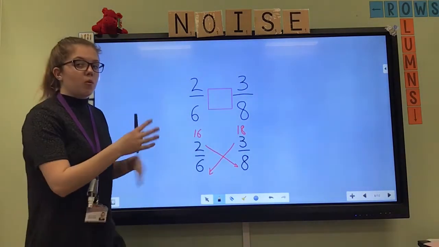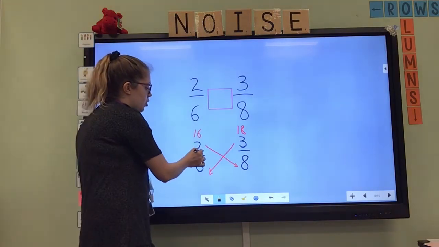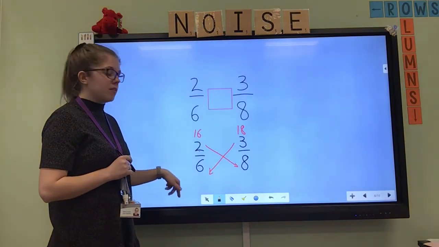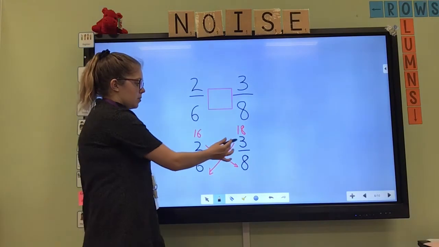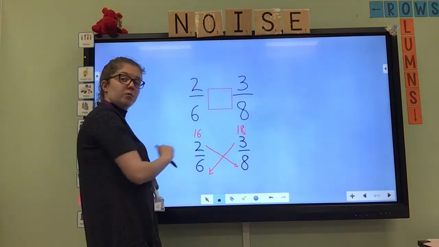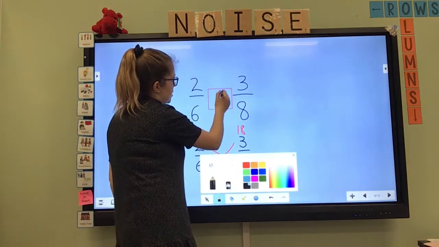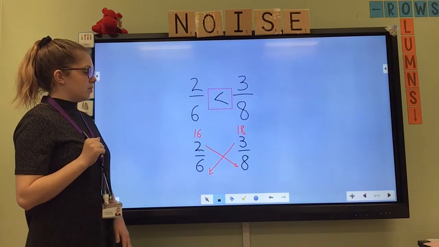It doesn't matter which order you do it, as long as you put the total above the fraction of the numerator that you're working with. So we did 2 times 8, so the total goes above that 2/6 here. And my 18 goes above my 3/8 because we were doing 3 times 6 or 6 times 3. And 18 is bigger than 16, which tells us that 3/8 is bigger than 2/6. Okay.